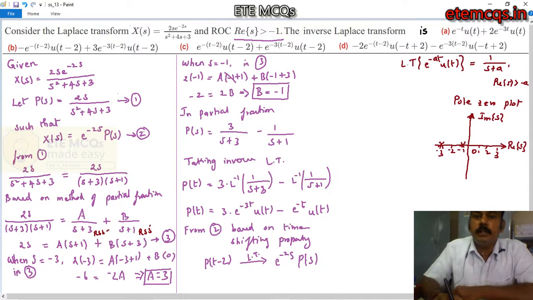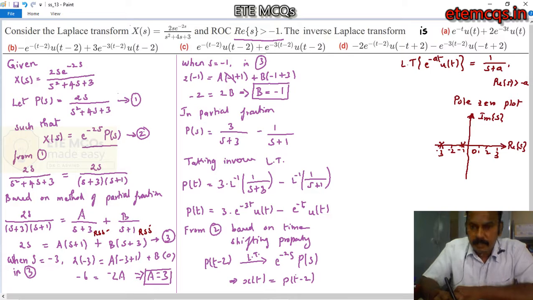So this is your time shifting property. Once you replace t by t minus 2 in p, that is mathematically equivalent to x of t. What I mean to finally say is x of t is nothing but p of t minus 2.